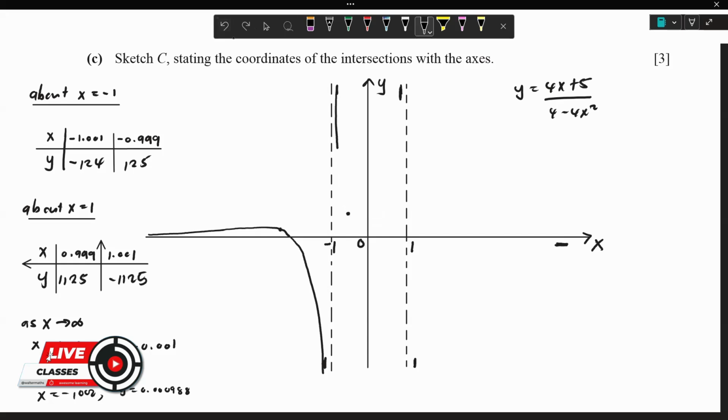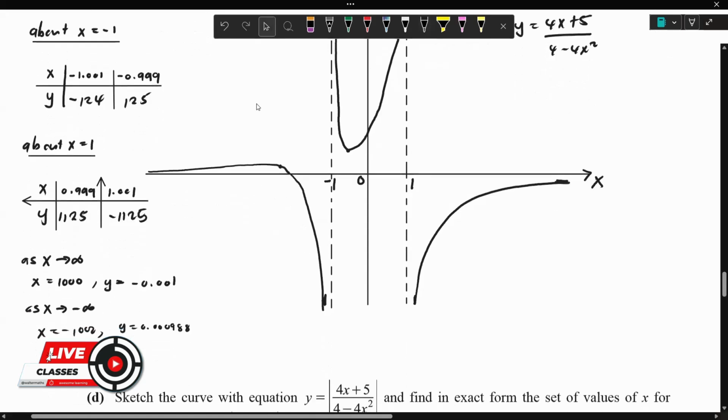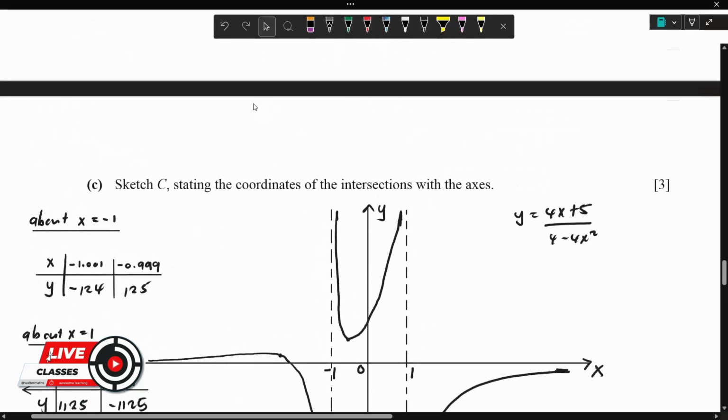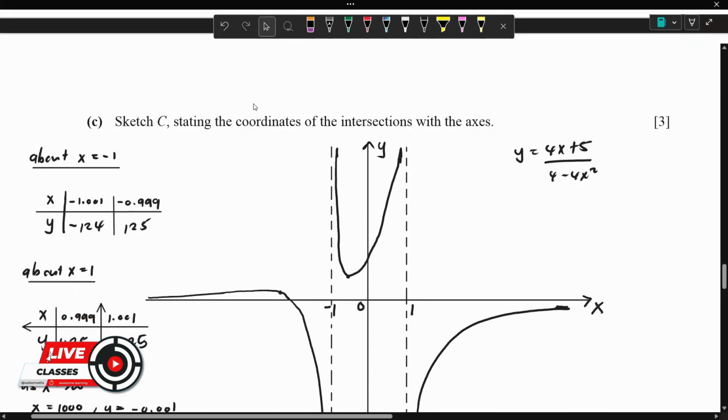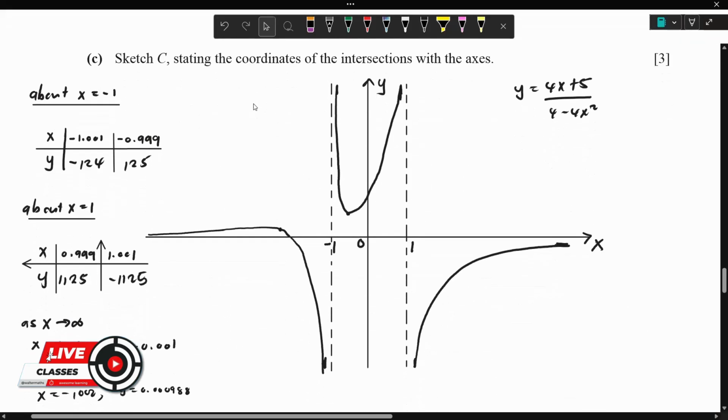So it has to come like this, and then it comes like this. So the graph will be more like this. They say you should state the coordinates with the axes.